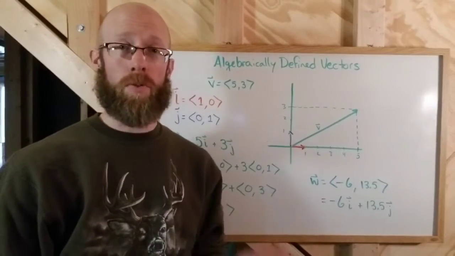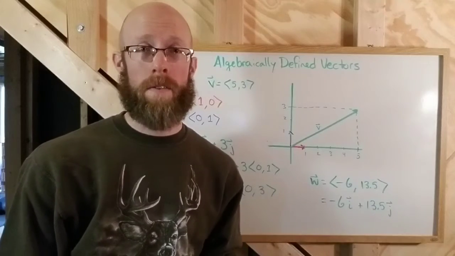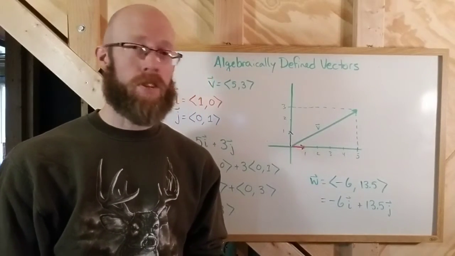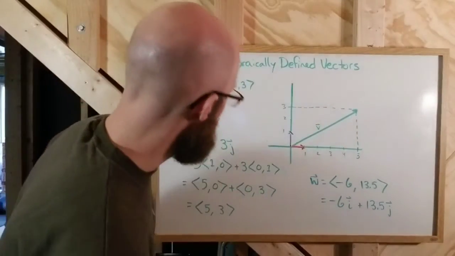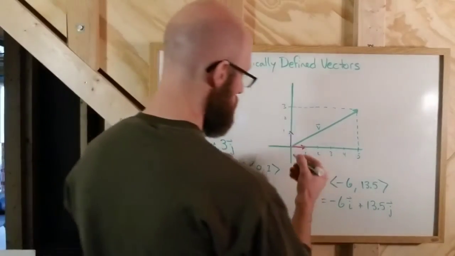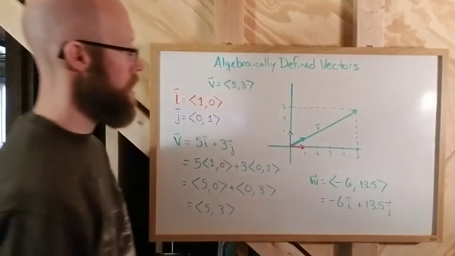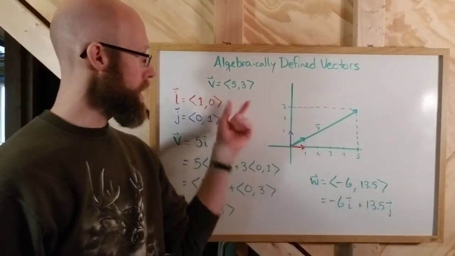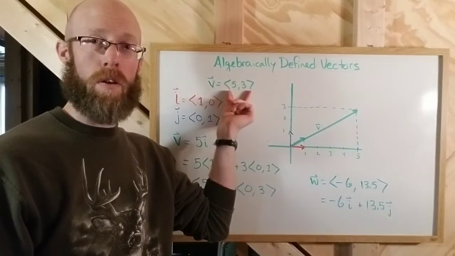Okay, I'm using the term unit vector. A unit vector is a vector of length 1, or magnitude 1. Kind of an interesting thing is you can have a unit vector in any direction. I could create a unit vector in the direction of vector v simply by taking vector v and dividing by its own magnitude.